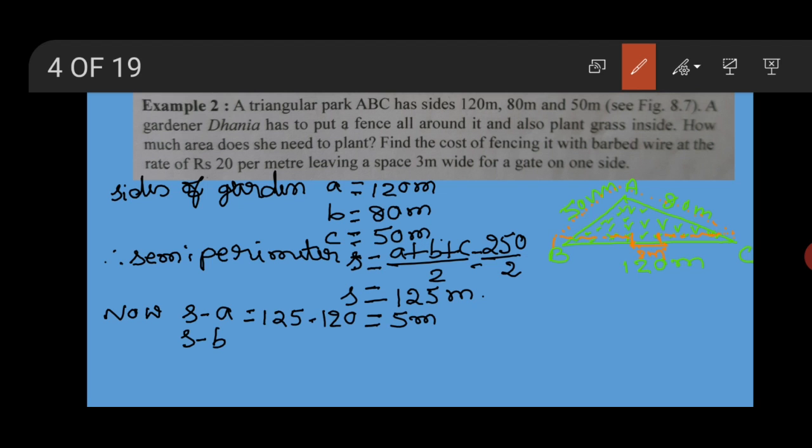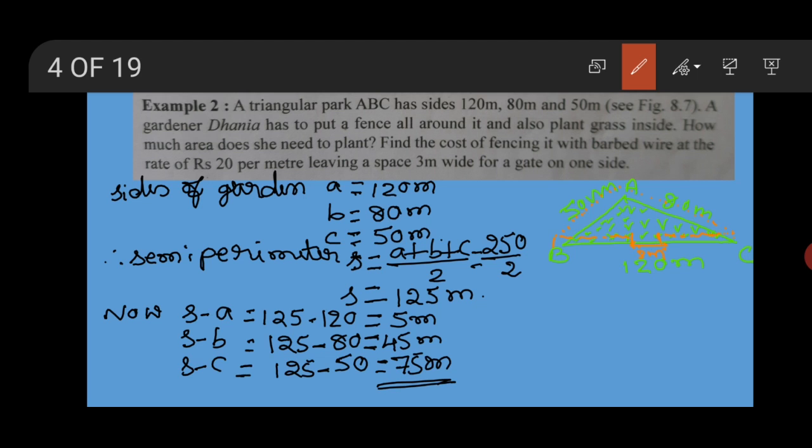Similarly, s minus b is equal to 125 minus 80, you will get 45 meter, and s minus c is equal to 125 minus 50, which is equal to 75 meter.